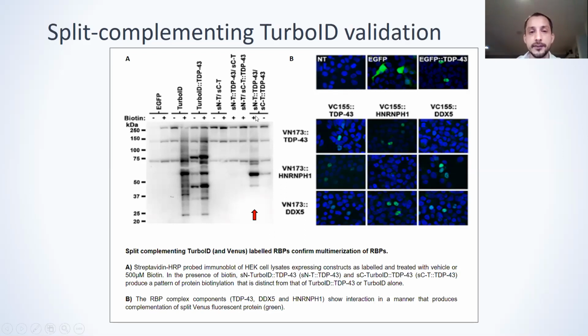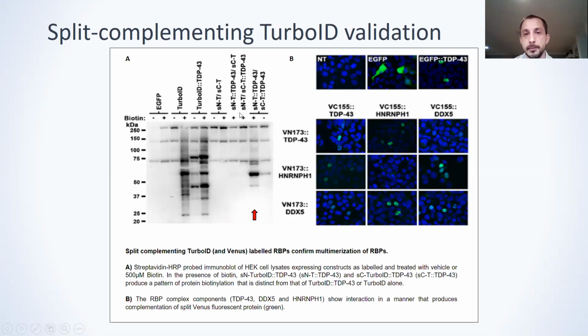And then in the presence of biotin, you get a different pattern of biotinylation versus the full TurboID fused to TDP43. So what does this tell you? This tells you a protein interactome that's nearby TDP43 when it is dimerizing or arguably aggregating.